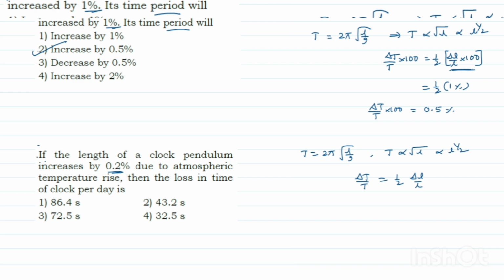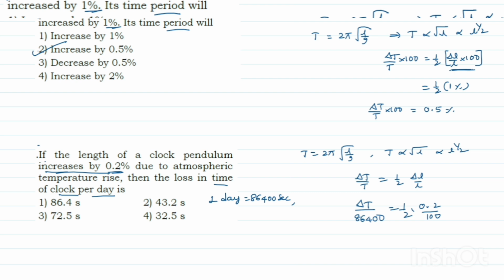But here they are asking the loss in time of the clock per day. One day is nearly 86,400 seconds. Time you can always measure in seconds. That means the loss in time, delta T by 86,400, equals 1 by 2 into 0.2% which is 0.2 by 100.